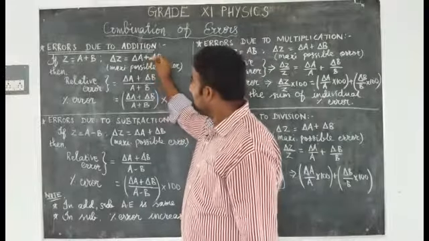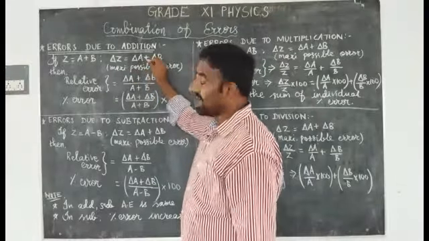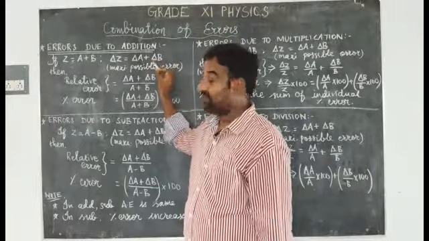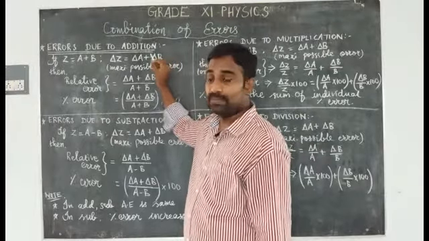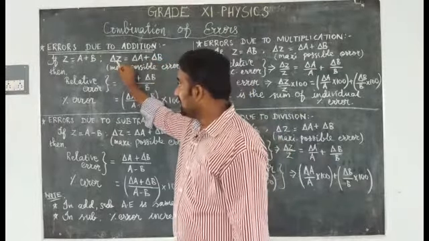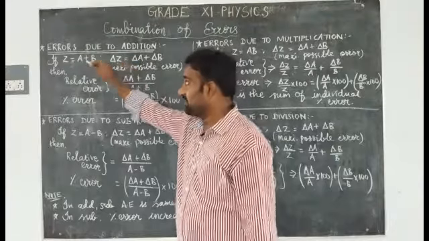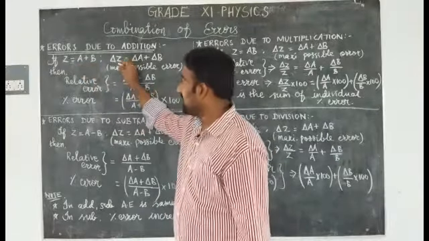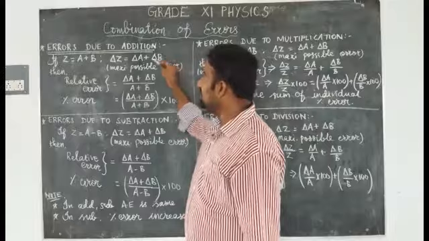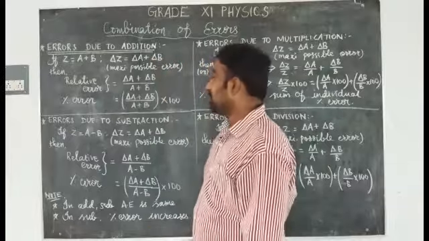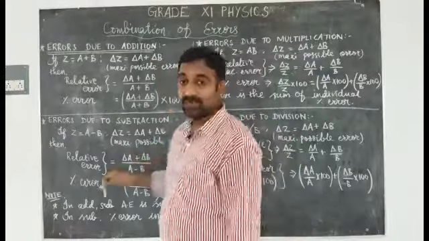But for the maximum possible error I have considered only plus. So delta is the error of the particular measurement, and for the maximum possible error we take positive.